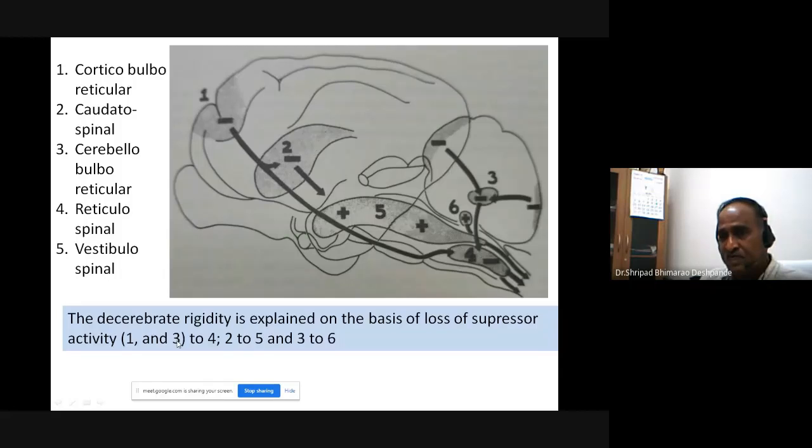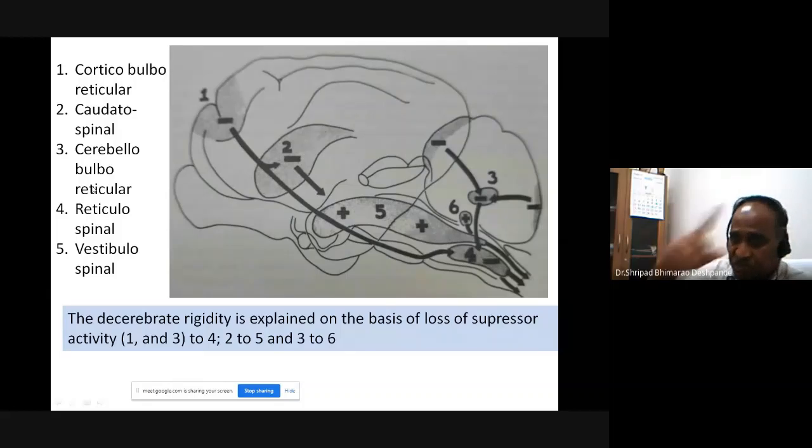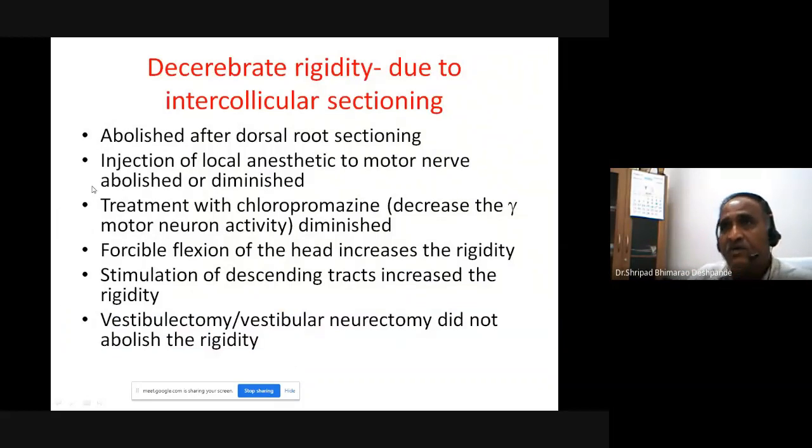Sorry, this is 1 and 2 to 4, 2 to 5, because some part is missing there also, and 3 to 6. 3 is inhibiting. This is also having a connection there, the vestibular nucleus, that is also missing. These are some of the observations I have made here. I will just put this to think about. This component, just take it from the previous one.